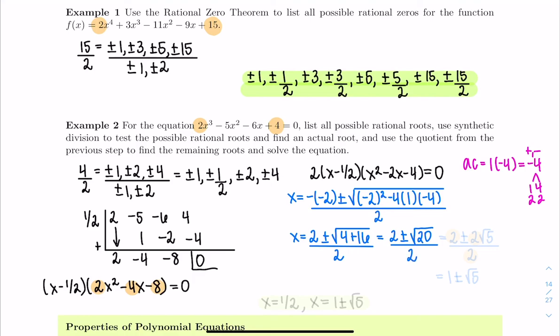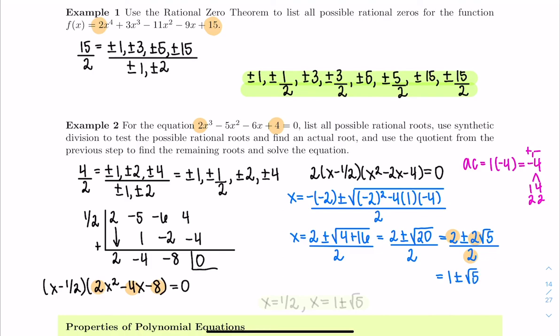And we can simplify the square root of 20 as 2 plus or minus 2 square root of 5 all over 2. Now we have a 2 in common on the top and bottom, and so we can really simplify this to 1 plus or minus the square root of 5.